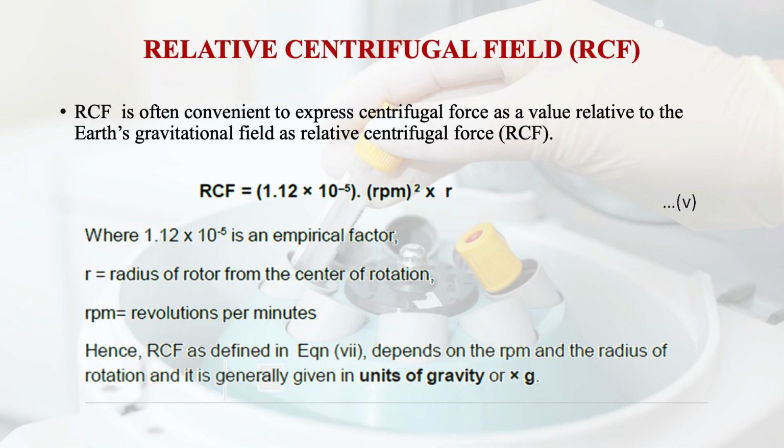Now what is the relative centrifugal field? We discussed before that RCF is the ratio of the applied centrifugal force and the gravitational force. So it is convenient to express centrifugal force as a value relative to the earth's gravitational force.